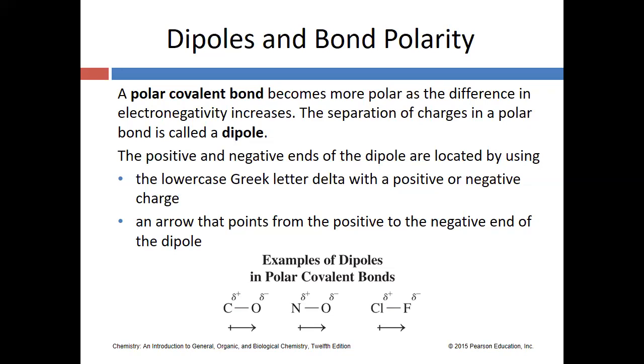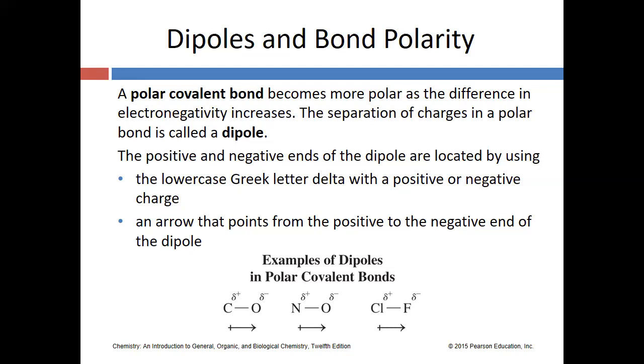When we have a polar bond, we see again a distortion of the electrons in that bond in terms of how they're being shared, to the point where we can think of one end of the bond as being more negatively charged and the other end of the bond being more positively charged.